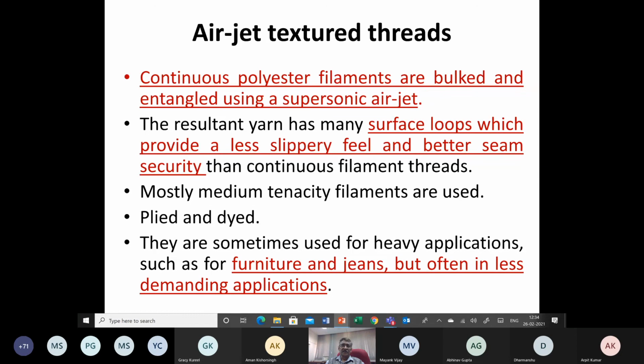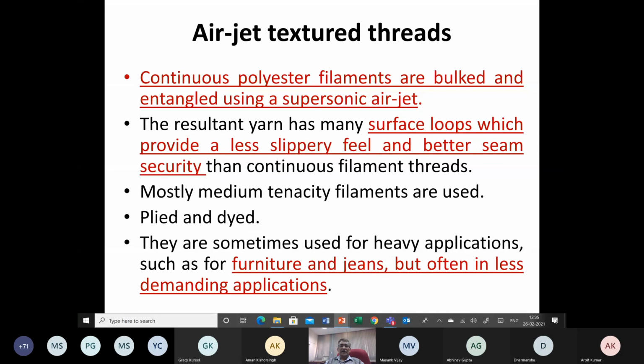But nowadays they mostly use polyester because it is stronger than polypropylene, more durable and has more compressible resilience. So you mostly find air jet textured threads are made from continuous polyester filaments, entangled using a supersonic air jet.